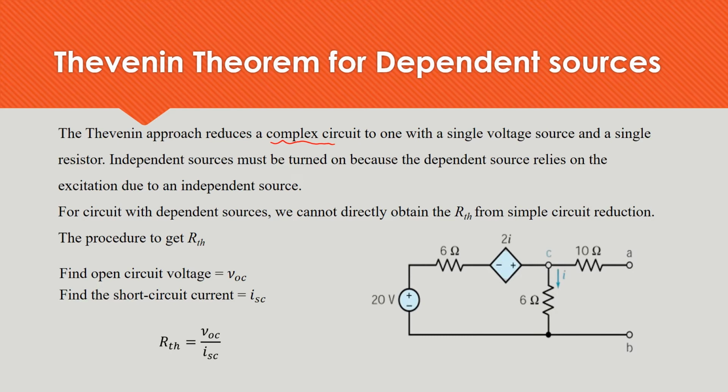For the circuit with dependent sources, we cannot directly obtain the R Thevenin from simple circuit reduction.